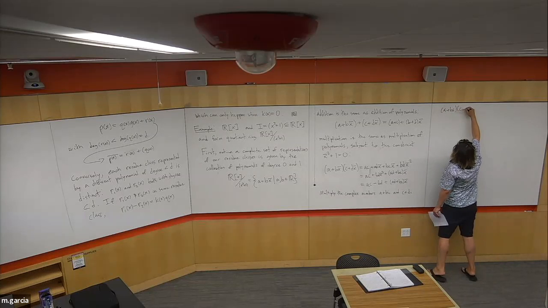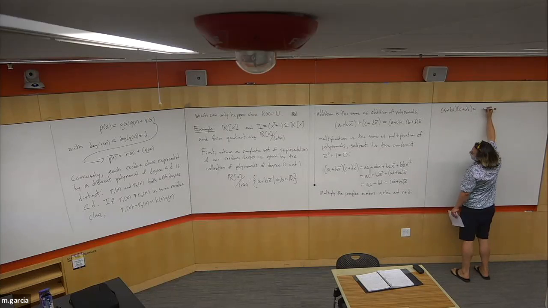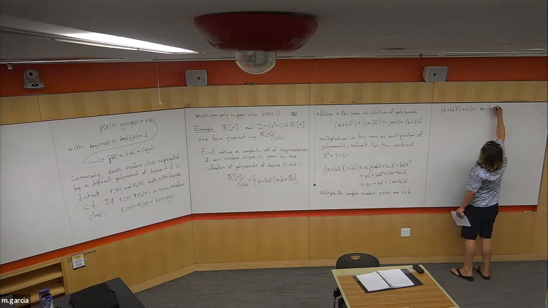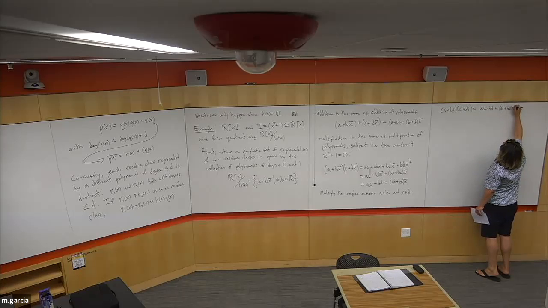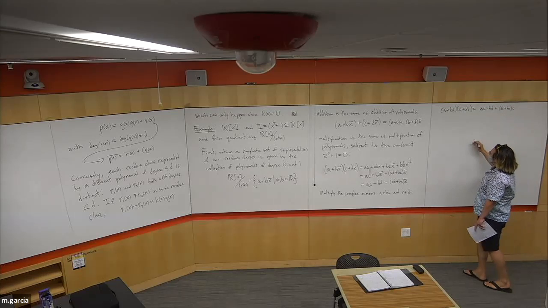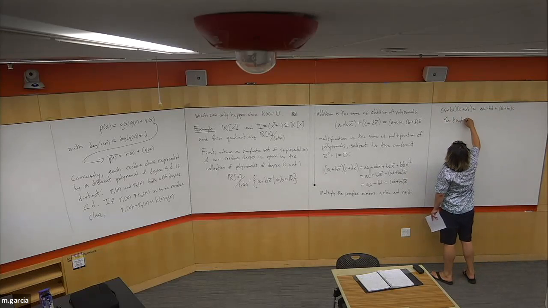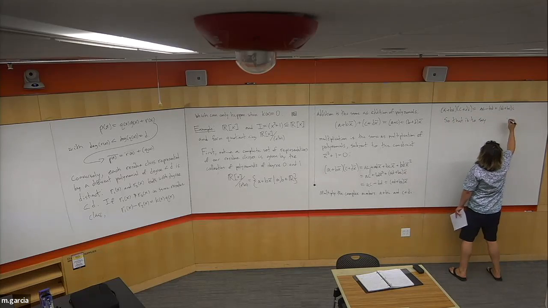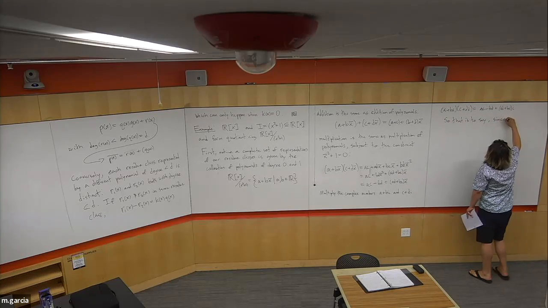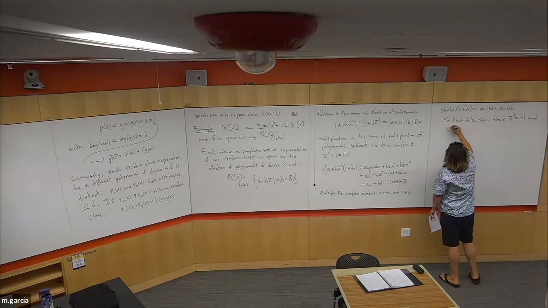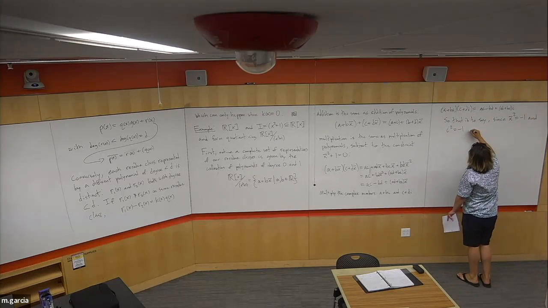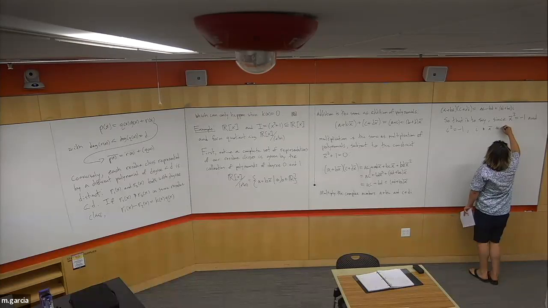A plus bi times c plus di is equal to, I'm gonna cheat here and just copy what I wrote over here, plus AD plus BC I. So that is to say, since x bar squared is equal to -1 and I squared is equal to -1, I and x bar are interchangeable.